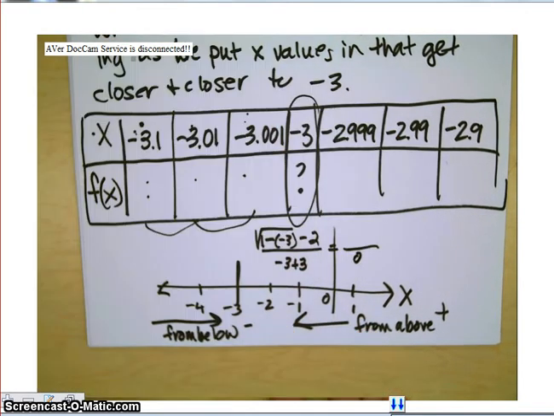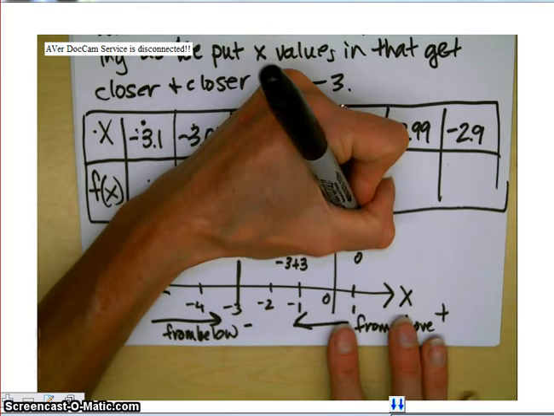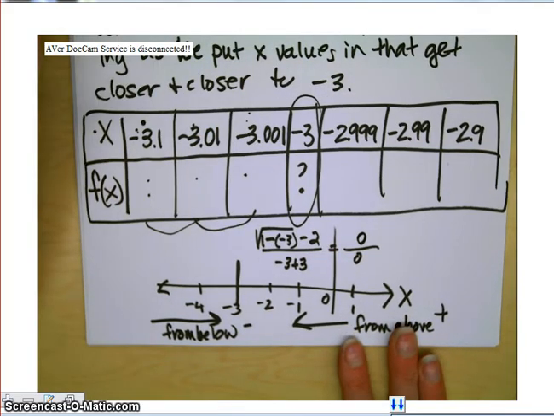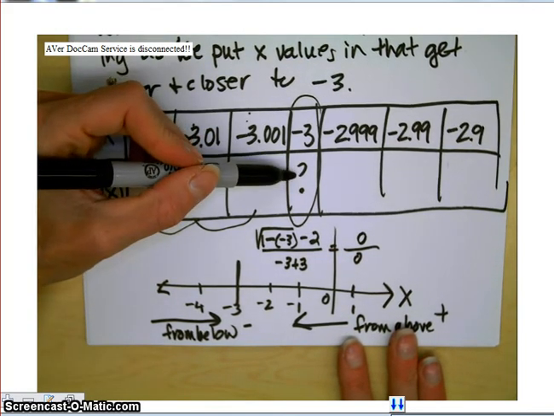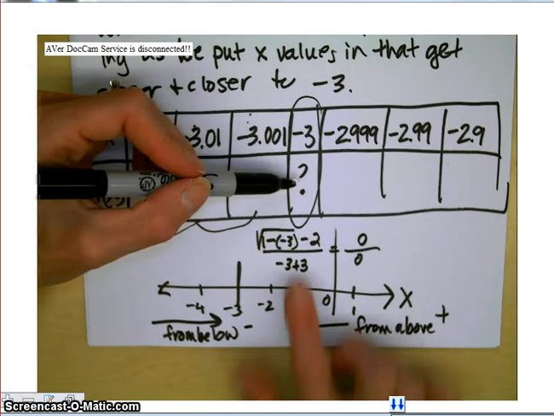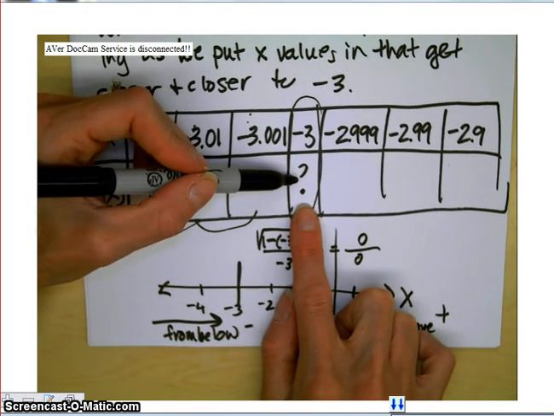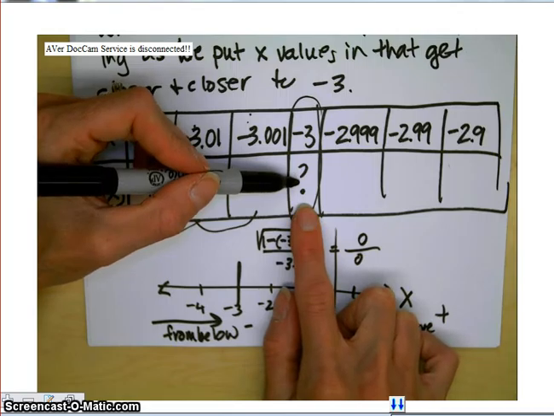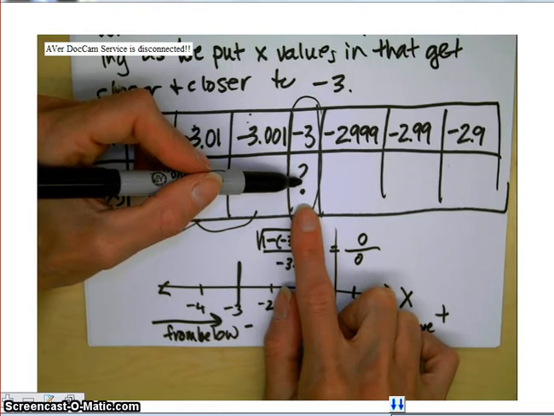Does it matter what I get on the top then? No. Actually, I get 0 on the top too. This is something I can't figure out. This is undefined. So I don't know what this limit is. In fact, this function, as far as I can see, is actually undefined right there at -3.